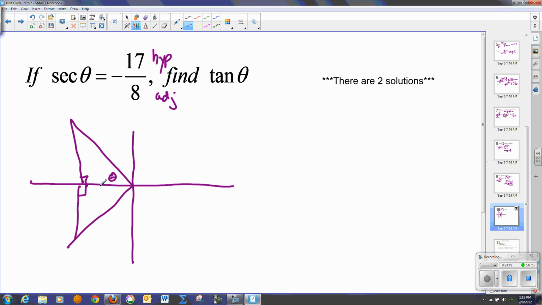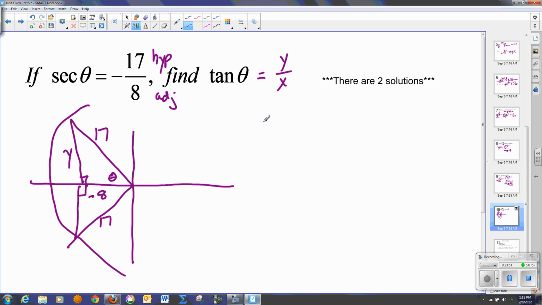So in this case, we're going to say -8 is that x value, and 17 is our hypotenuse. Our hypotenuse is always going to be positive because it's like the radius of a circle. So what we're going to need to do to find tangent, which we've already said is our opposite, or our y value in this case, over our adjacent, or our x value.